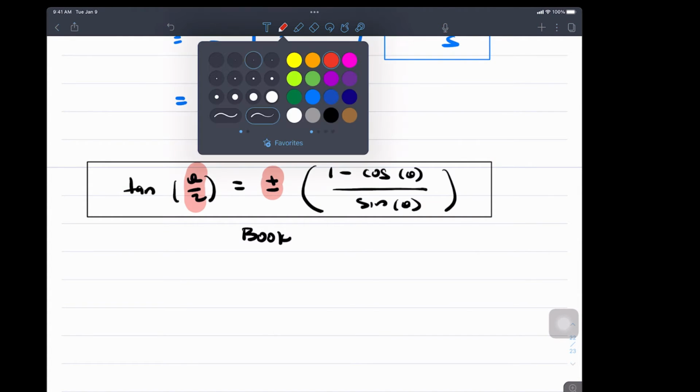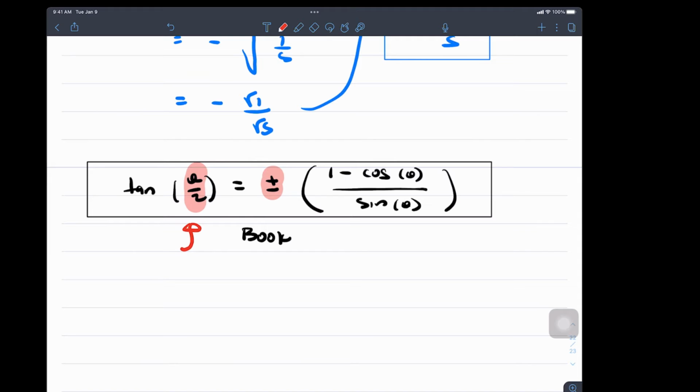So where does your half angle live? That's going to determine your sign. So you don't have to have the absolute value because it's going to be taken care of with the plus or minus here. Is that why the book does that? That's why the book does that.